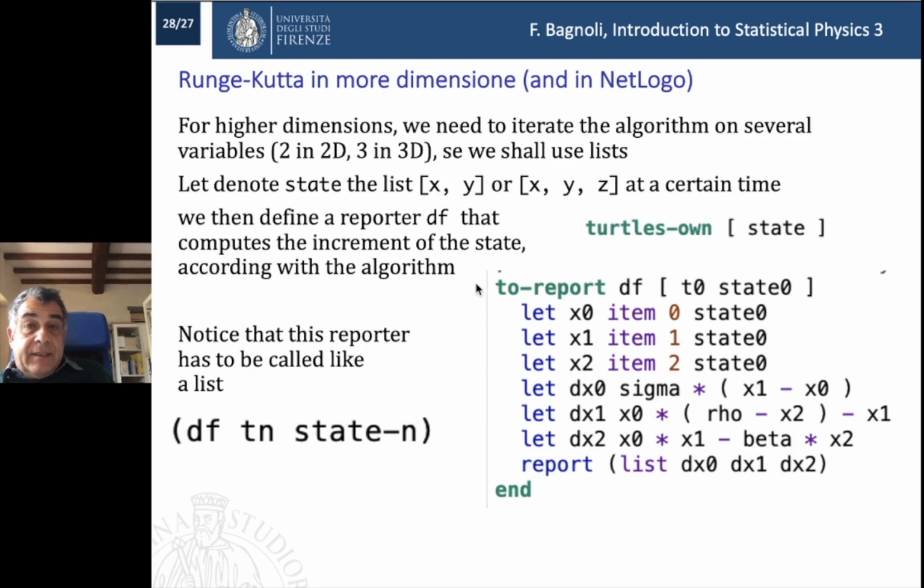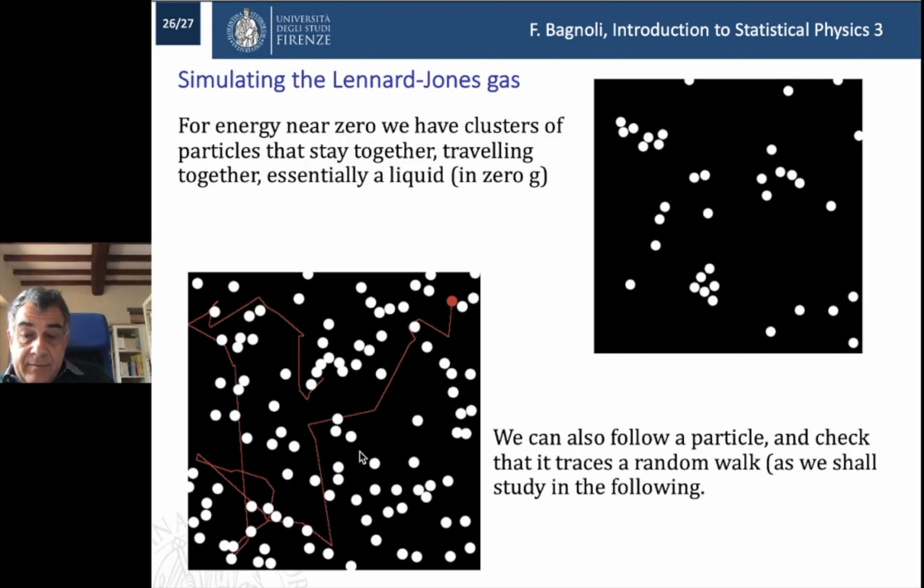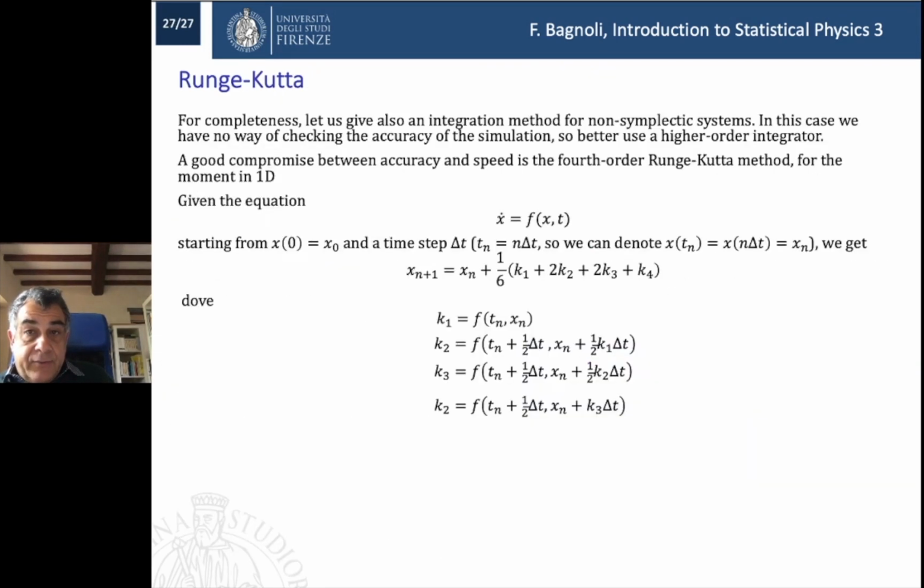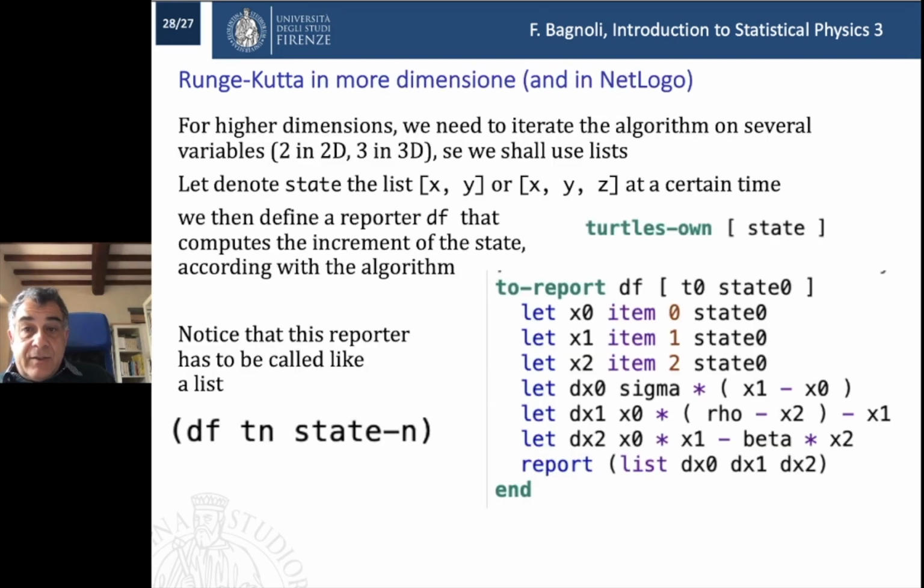I only anticipate that since this is the scheme for just one variable, and I have to repeat this for at least 2 variables in 2 dimensions, x and v, the velocity, or 3 variables in 3 dimensions, then it is done by storing the state in a list, xy or xyz, in 2 or 3 dimensions, and then I have to iterate things, and so define how to compute the derivative for the 3 dimensions and report a list of derivatives of 3 dimensions.